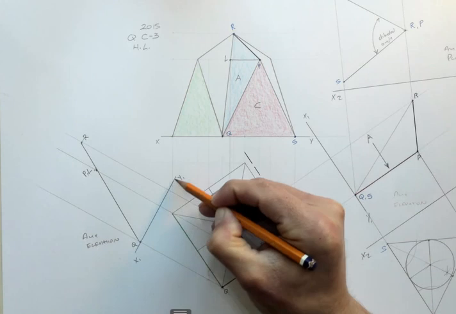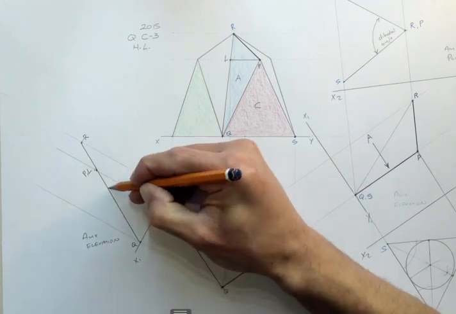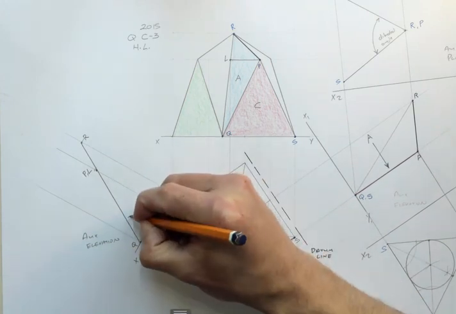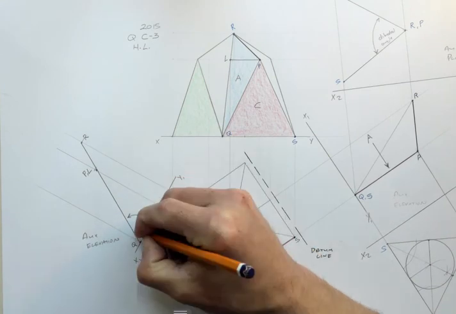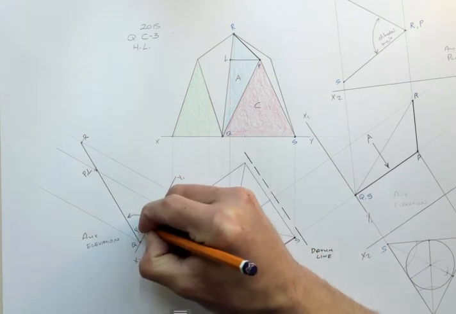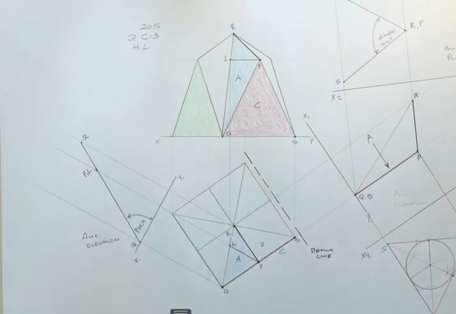Here is the ground, here is the plane, and here is our inclination. So I could measure that, but what they asked for was the pitch, so I call it the pitch. But again, it's just an auxiliary elevation. And the great thing with this question is auxiliary elevation, auxiliary plan, you can do the whole question.